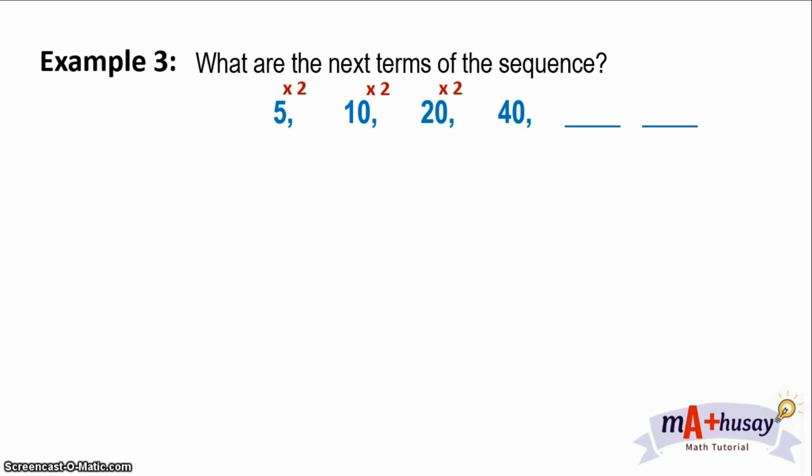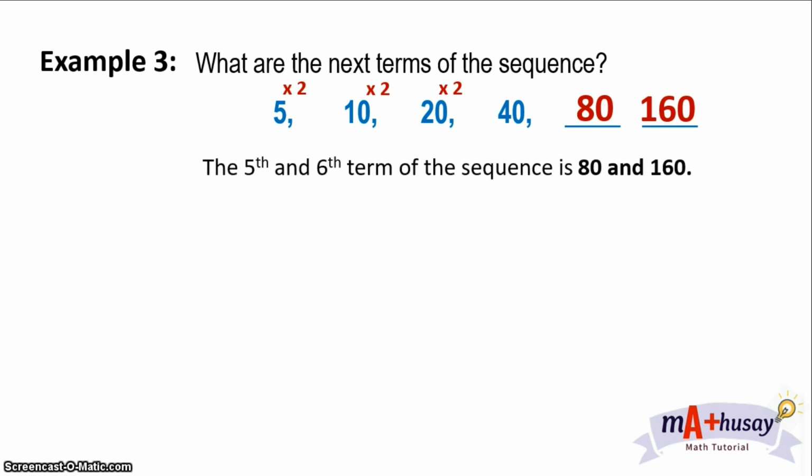So, 10 times 2 is 20, that gives you the third term of the sequence. 20 times 2, you get 40. So, the next term should be 40 times 2, you'll get 80. And 80 times 2, you'll get 160. Therefore, the 5th and the 6th terms of the sequence are 80 and 160.